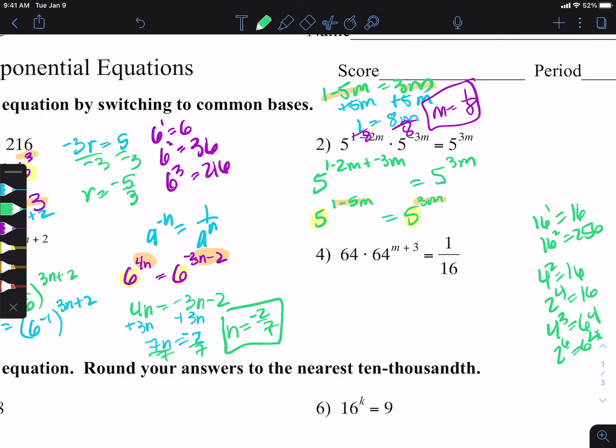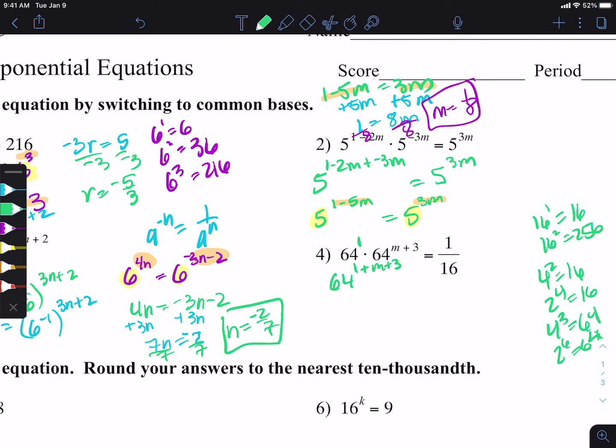Now you can either start by combining the 64s and then rewriting it as a power of 4, or you can write each one as a power of 4 and then combine. You'll get to the same spot eventually. So I'm going to do 64 to the 1 plus m plus 3, because this was to the first power.